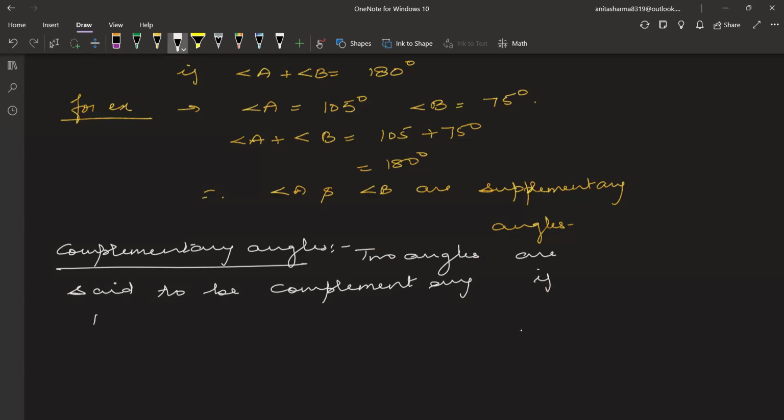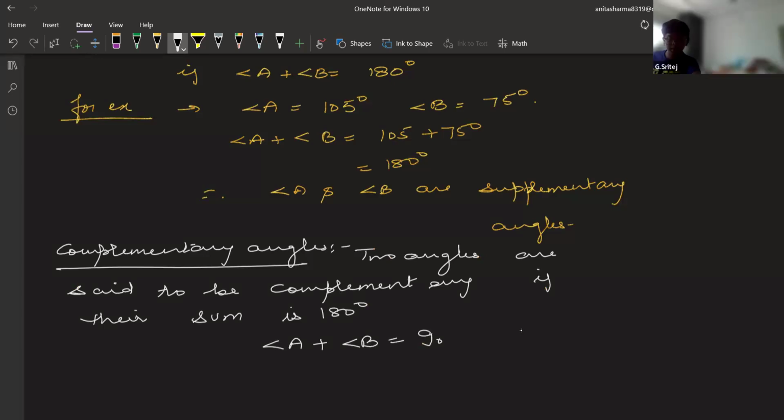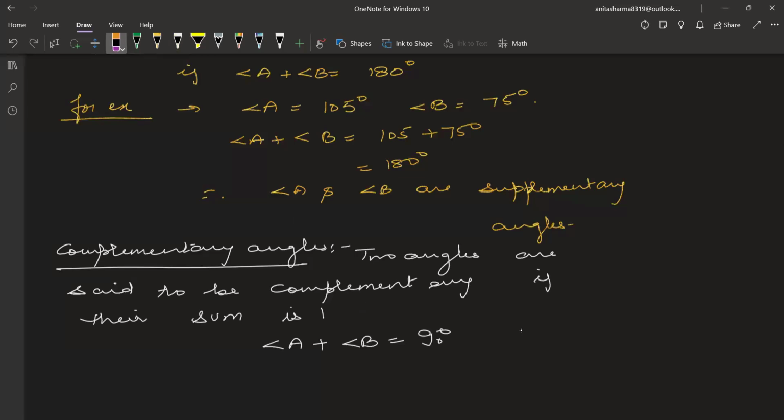if their sum is 90 degree. Oh sorry, I wrote 180 earlier; in the next statement I have written 90.